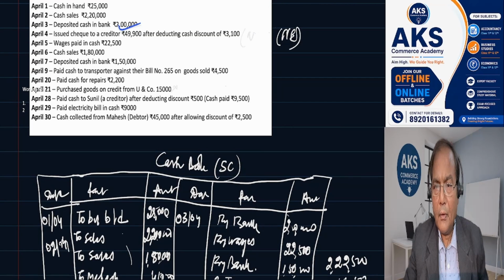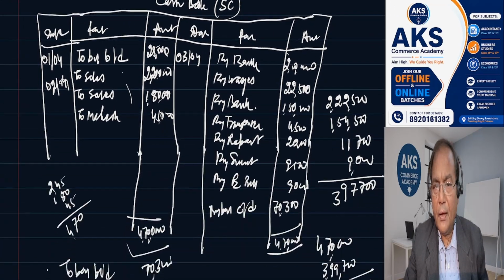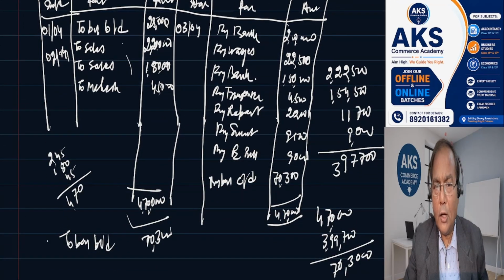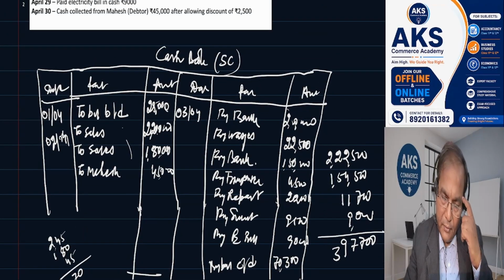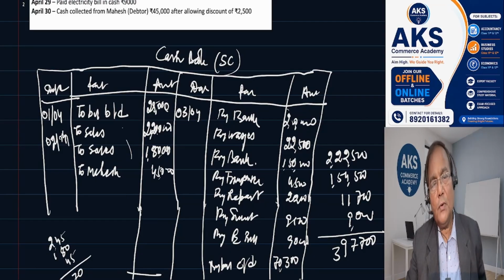Okay. So this is how we prepare a single column cash book. So what is the learning? There is no negative balance. Cash book always shows a positive balance, which is a debit balance. All the receipts are entered on the left hand side. All the payments are entered on the right hand side. And we finally balance it.